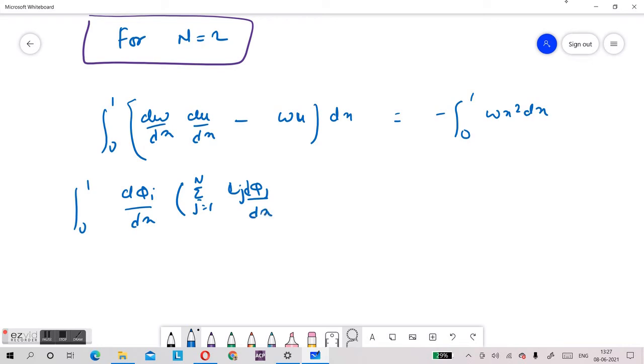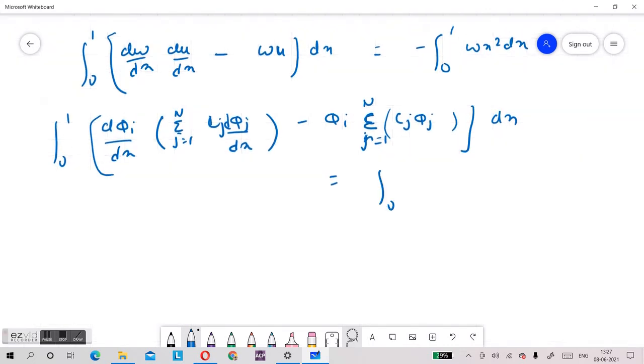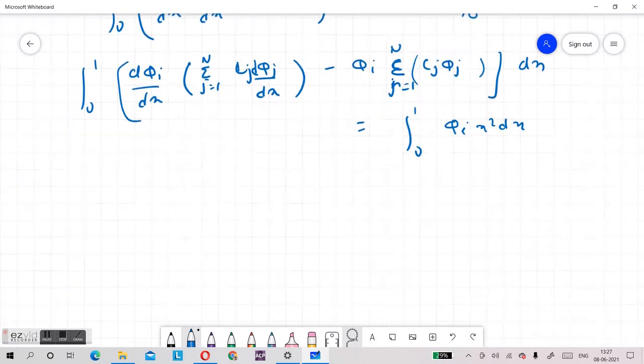So the whole equation equals integral 0 to 1 of phi i x square dx.